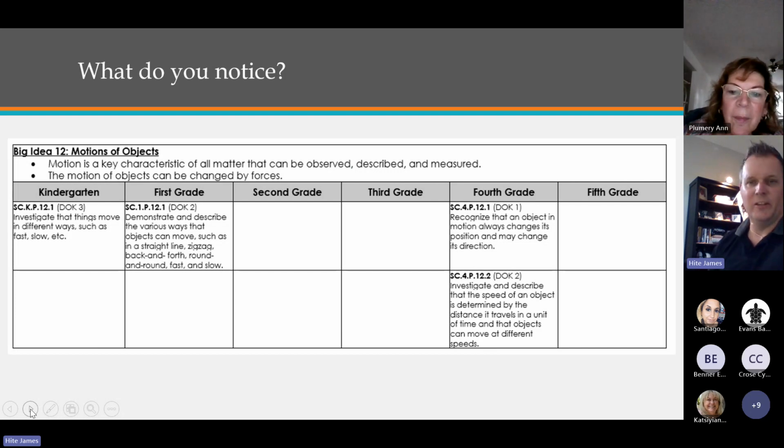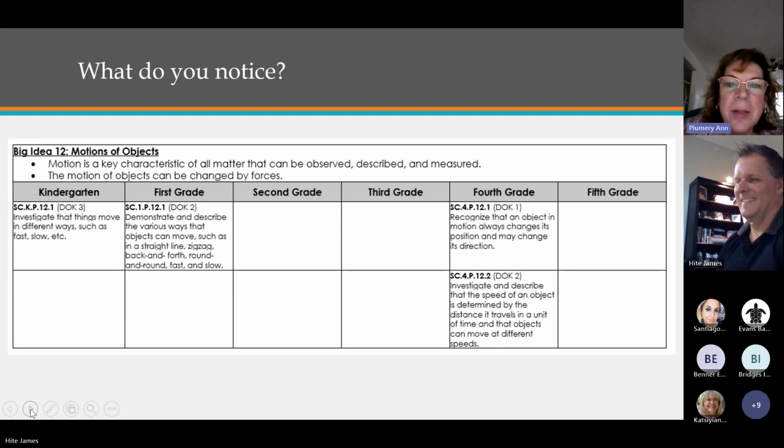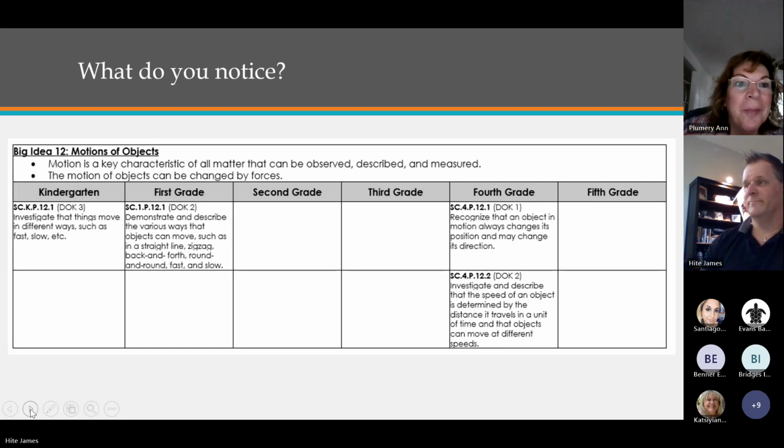One is very glaring. Emery, what do you see? Well, they don't talk about motion in second, third, and fifth grade. Correct. Well, fifth, they just put it all under Big Idea 13. So they talk about balanced and unbalanced forces, friction, mass, but then also speed is under that.